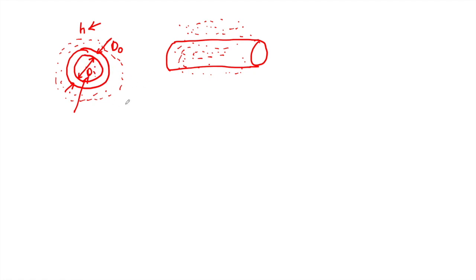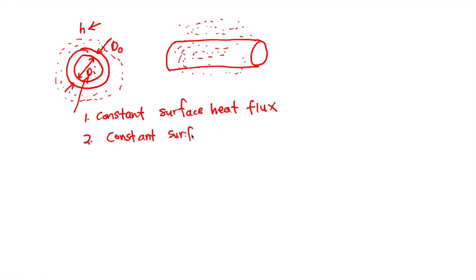Here we have two conditions: number one is constant surface heat flux, and the second condition is constant surface temperature.